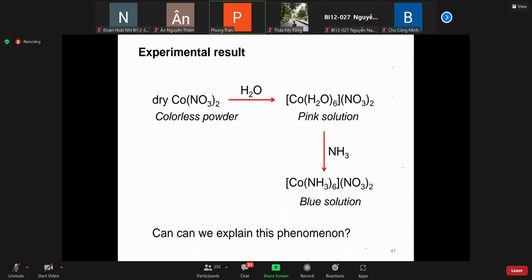Anyone? First, why does this compound have no color?